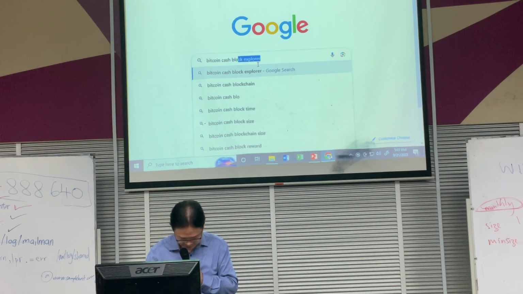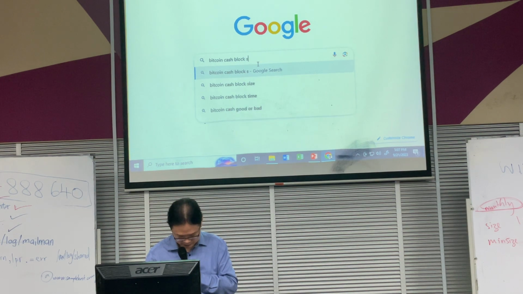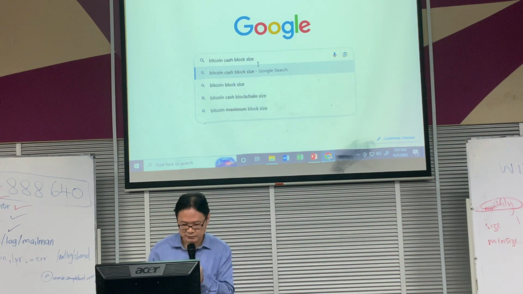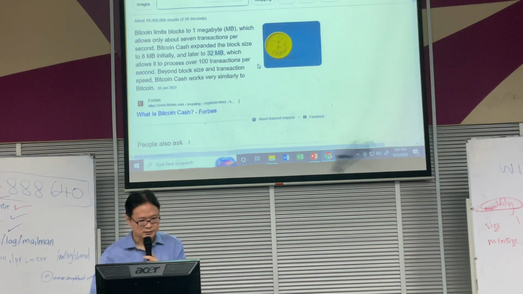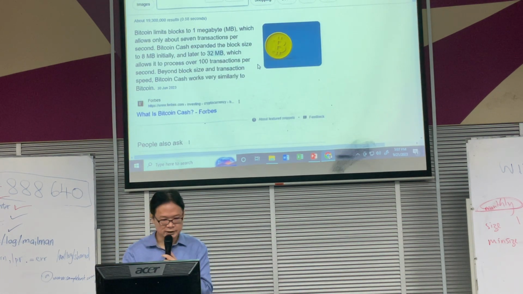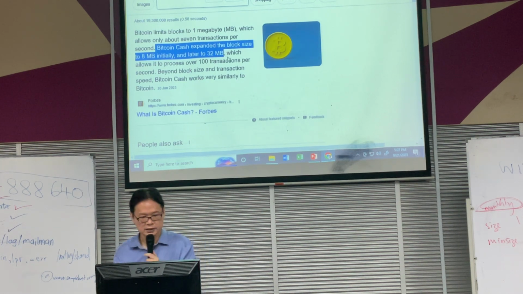So some suggested to change the block size. Bitcoin Cash expanded the block size to 8 megabytes initially, then later it became 32 megabytes.